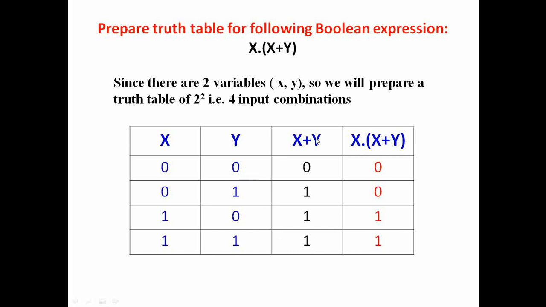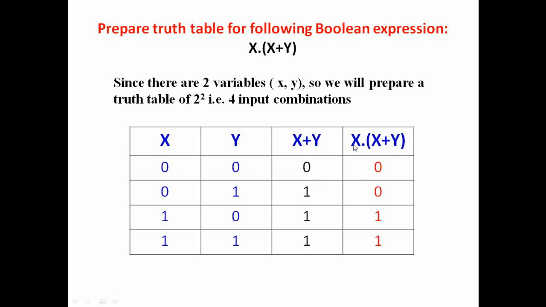Since this is an OR operation, and in case of OR, if any one of the inputs is 1, then we get output as 1. So since in this we have 1, in this we have 1, in this we have both 1, for these the output will be 1, and for 0 0 it is 0.